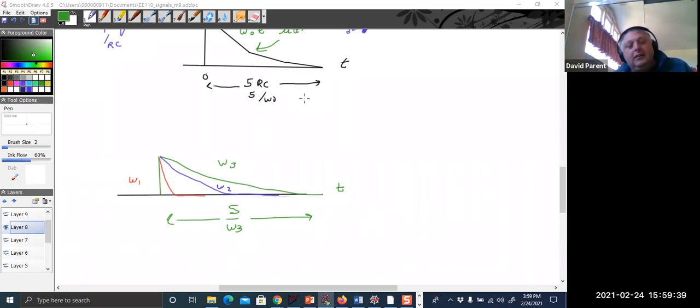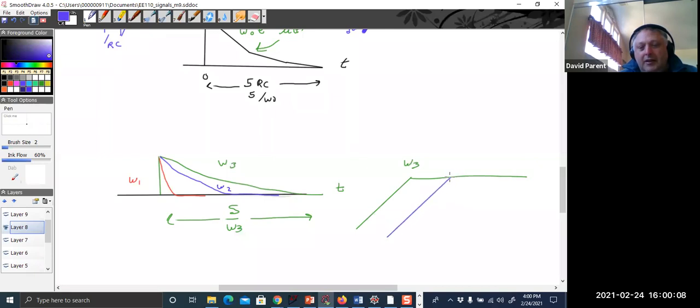Okay. So omega 3, right, is smaller. So it's going to be here, right? And that's the high pass shape. Then blue is going to have a higher omega naught than that. Okay. And then this is going to have a higher omega naught than even that.